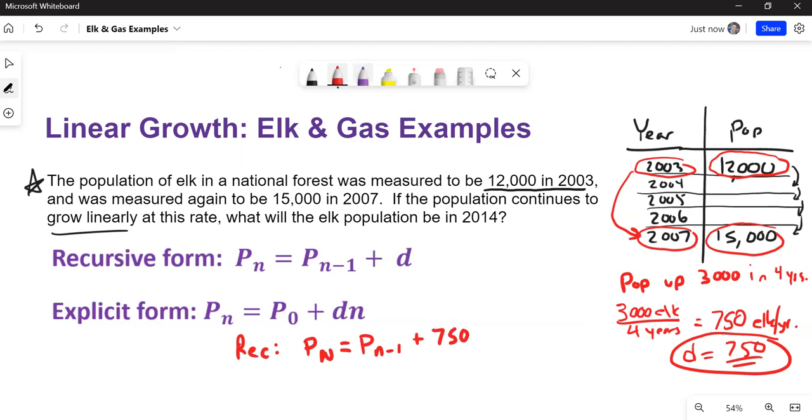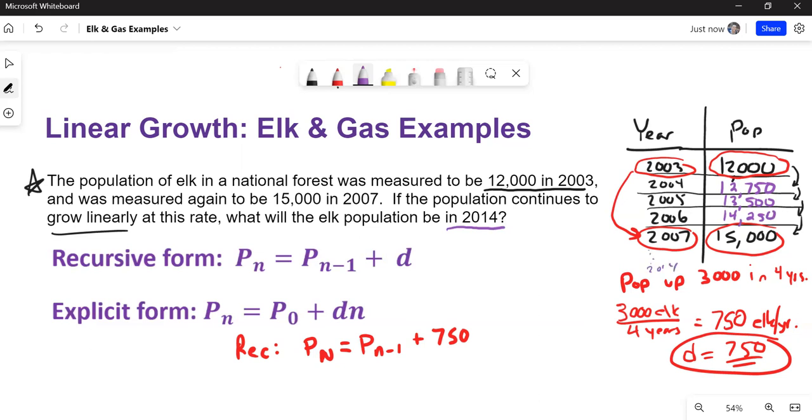We could even populate our table that way. In 2004, there must have been 12,750. The following year, 13,500 by adding another 750. The following year, 14,250. And then we have 15,000. And we could keep doing that to figure out how many there are in 2014, by going 7 more years.